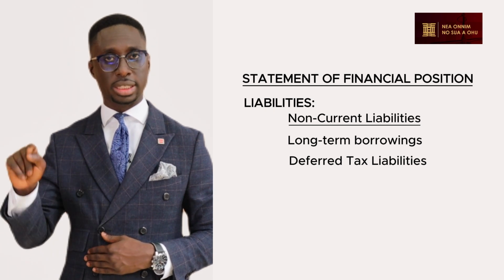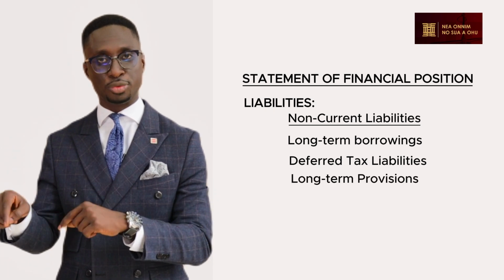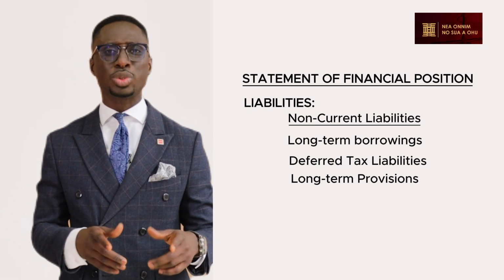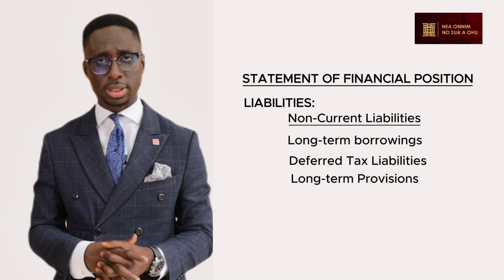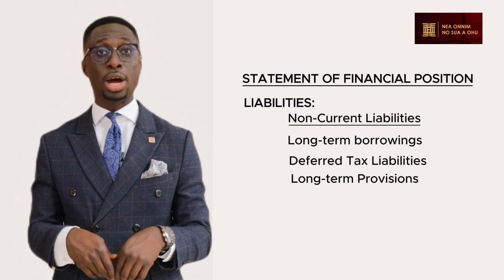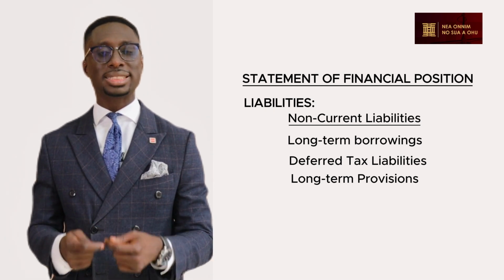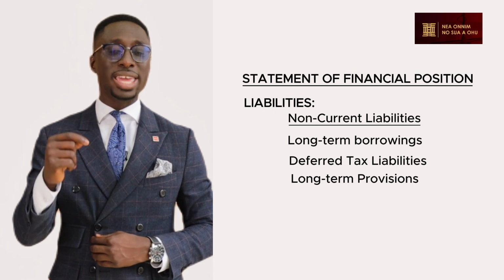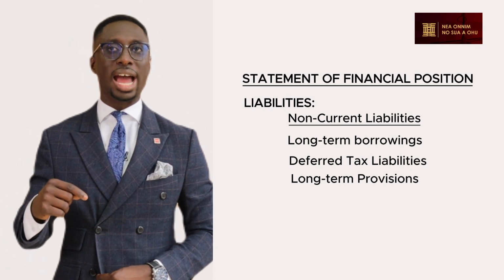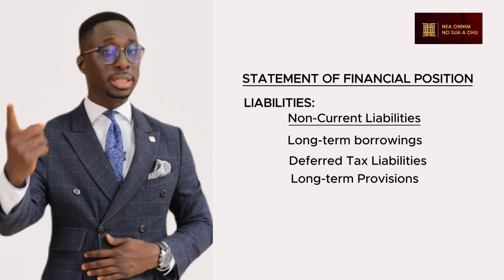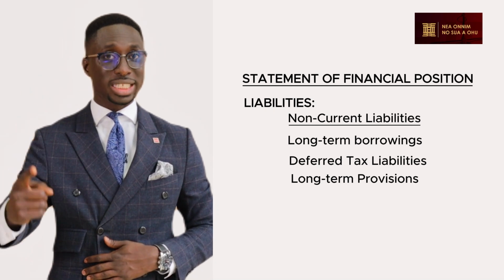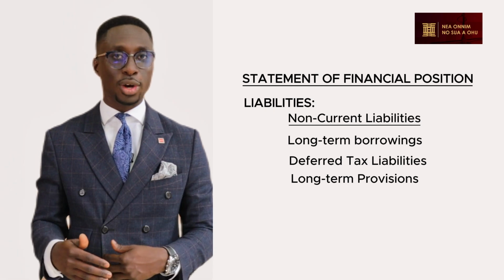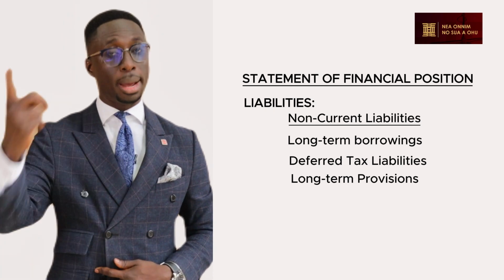And now finally, let's deal with long-term provisions under non-current liabilities. Let's start with what a provision is to start with. So provisions are obligations that are recognized for events that are expected to happen in the future but have not yet happened, but then we have evidence currently of their likelihood of happening.